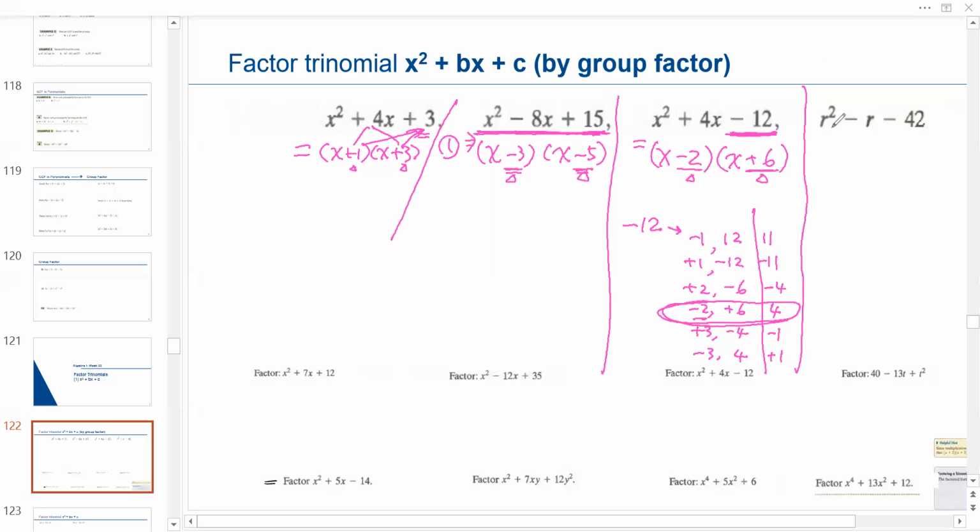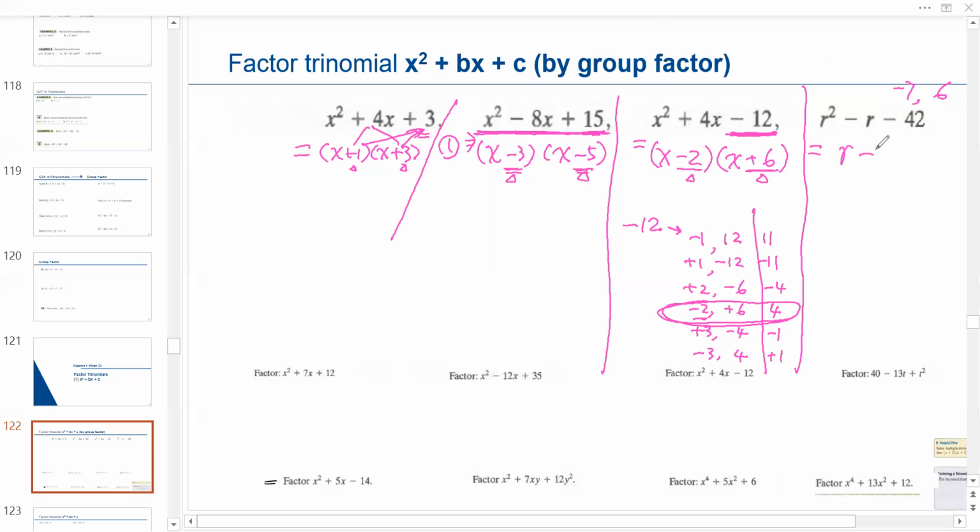All right. So can we do this one? -42. What can it be factored into, where the sum of the two factors will be -1? -7, +6, right? You can quickly do these kinds of factors now.